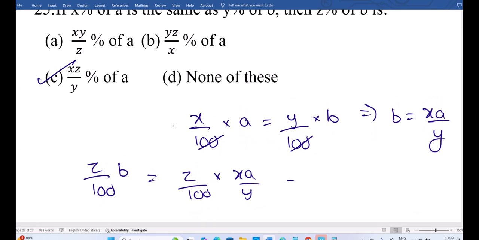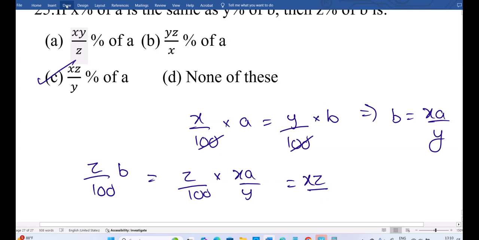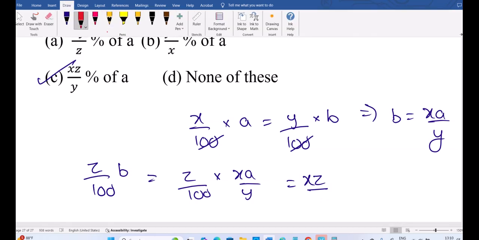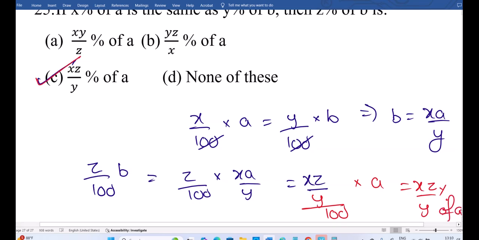Why, sir? You write z into x, zx or xz, divide by 100, divide by y. I can shuffle that. Divide by y, divide by 100 into A. Divide by 100 means we can write it as a percentage, xz by y percentage of A. Option C, same.